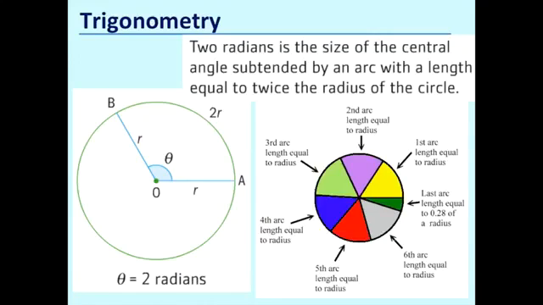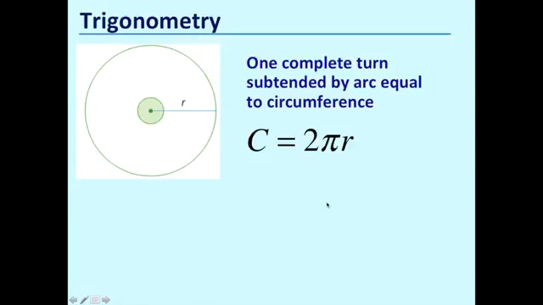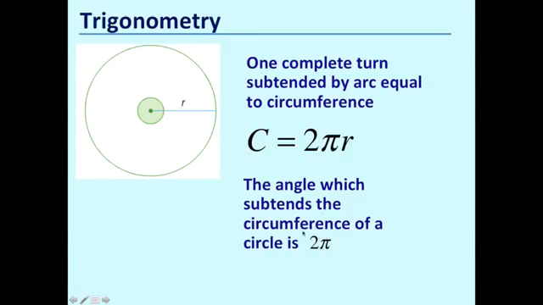So 2 pi is going to give us 6 and a bit of those radians. So this little bit left over is the bit. So you can see that the radius, this is 1 radius, 2 radius, 3, all 6 and a bit if we go all the way around. And we've already defined that this angle is the angle that results from being subtended by an arc equal in length to the radius. So there are 2 pi radians in a circle.